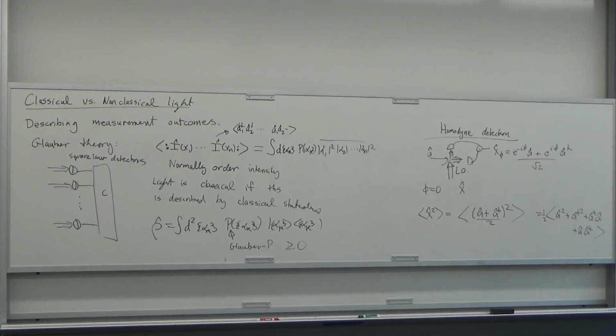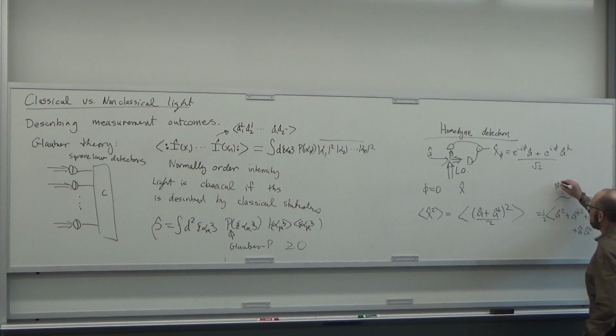But that object is not a normally ordered product. We got an A and A dagger in the wrong order if we're measuring that. This is not normally ordered.